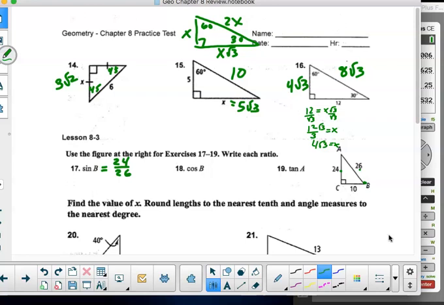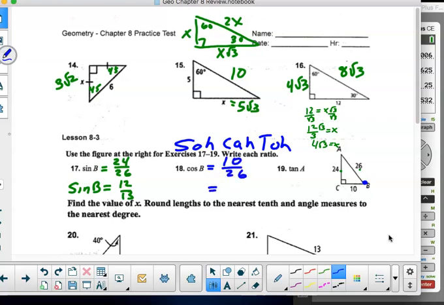Both of those have 2 in them, so 12/13 is my sine of B. The cosine of B, still on B. Cosine is adjacent over hypotenuse, so my adjacent is 10 over 26. Both of them have a 2, so 5/13. And yes, you must reduce.